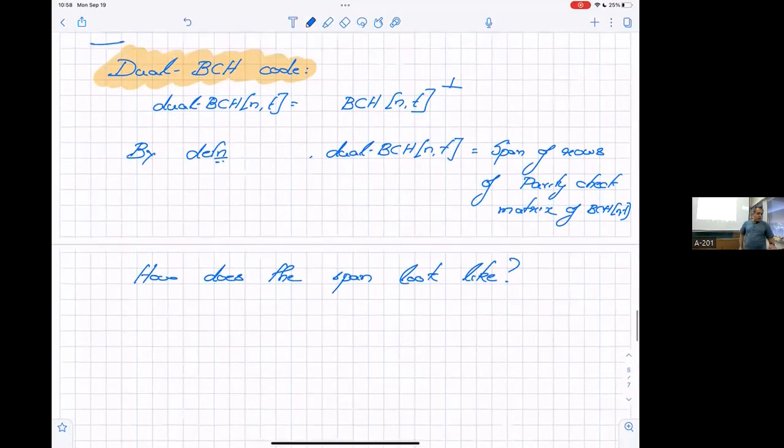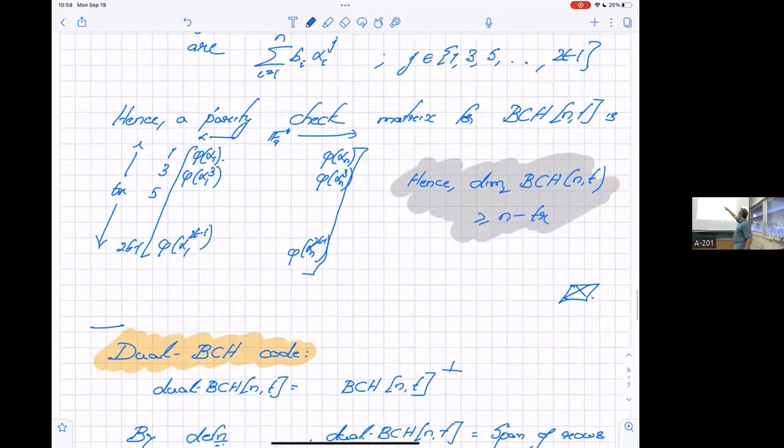It's some linear combination. For every row I have to decide whether to take the row or not, and then sum them up. Basically, it's a GF(2) linear combination. I take some collection of rows, I don't take the others, and sum it up. That's the span.